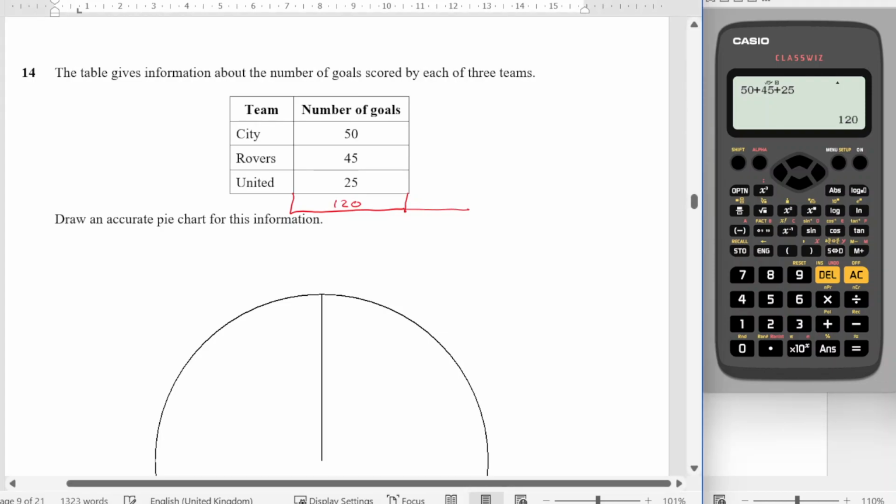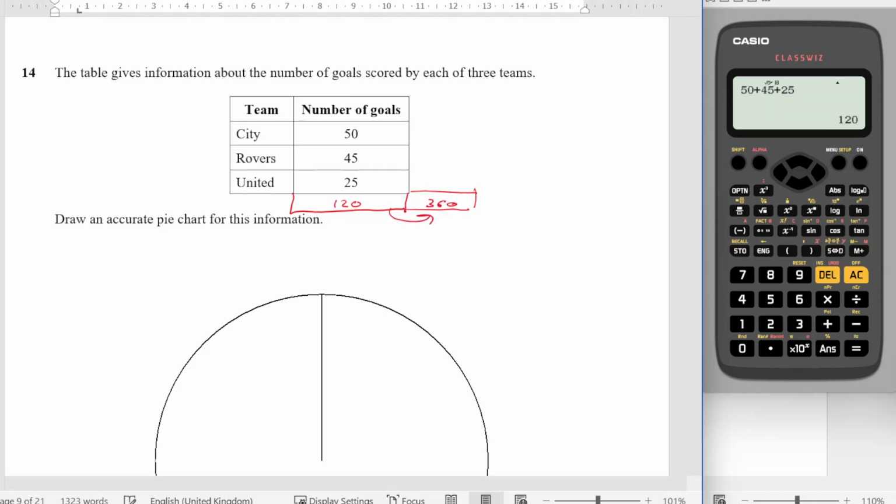And I want my angles to be out of 360. So I've got to times each frequency by 3. And that's normally your first mark. So we've got 150, 45, 135, and 75. We can double check that they add up to 360.